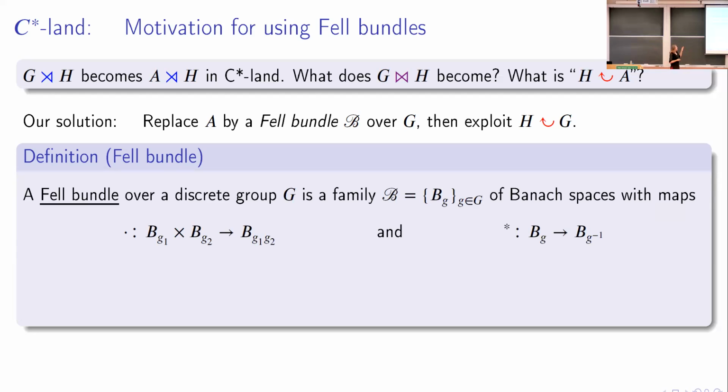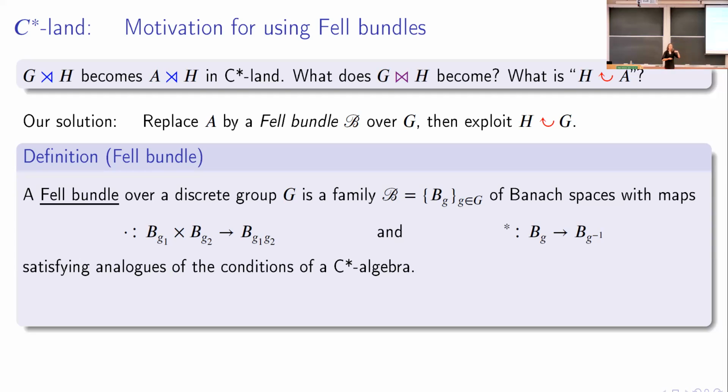So a Fell bundle over a discrete group G is a family of Banach spaces indexed by the group that come equipped with maps where I can multiply two fibers and land in the fiber over the product. And I can involute a fiber by landing in the inverse fiber. And these actually satisfy loads and loads of extra conditions.